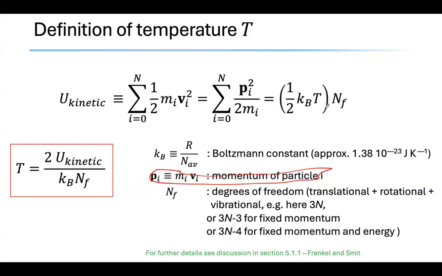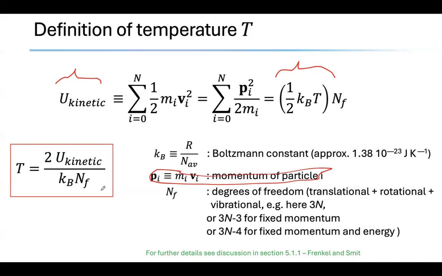So then, using the definition for kinetic energy, you can equate the two, and you end up with the definition of temperature, which tells you that the temperature is 2 times the kinetic energy, divided by the Boltzmann constant times the degrees of freedom.